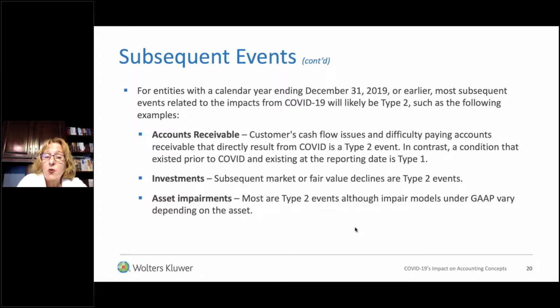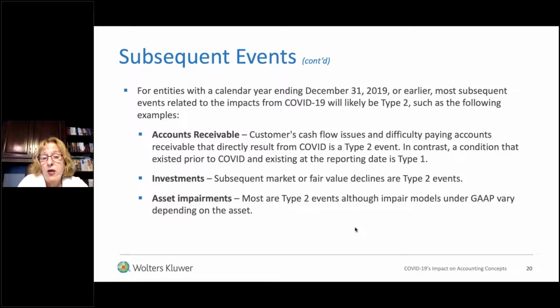For entities with calendar year ending after December 31, 2019 or earlier, okay, that was right pre-COVID, most subsequent events related to the impacts from COVID are likely type 2. And here are some examples.